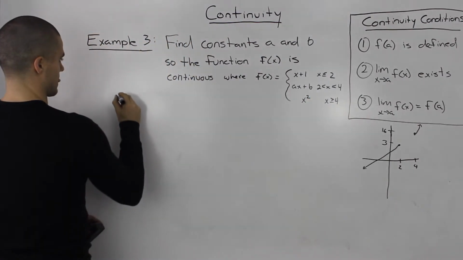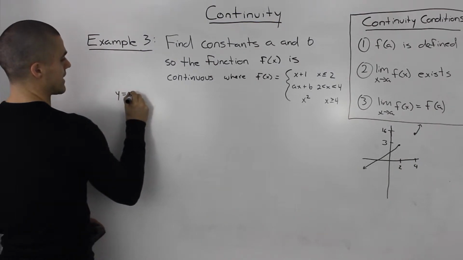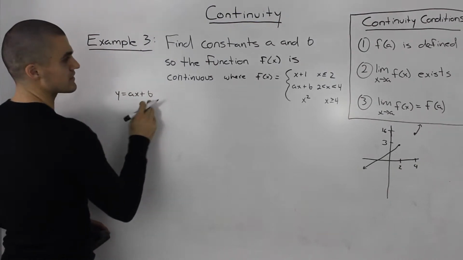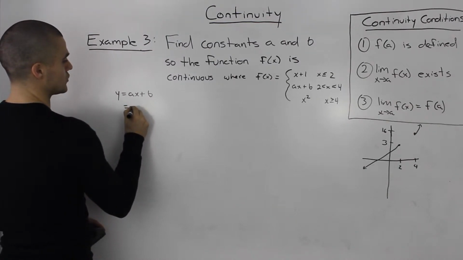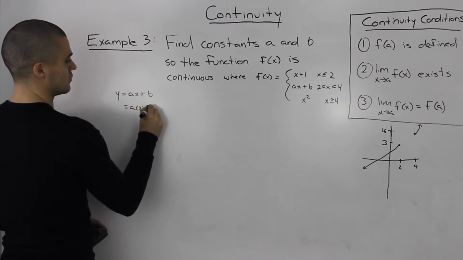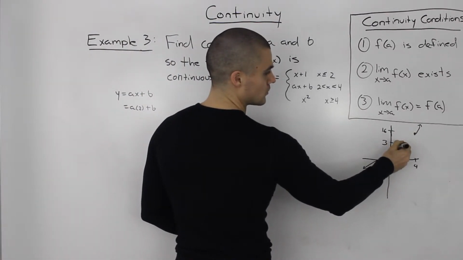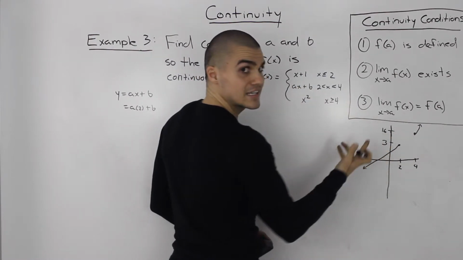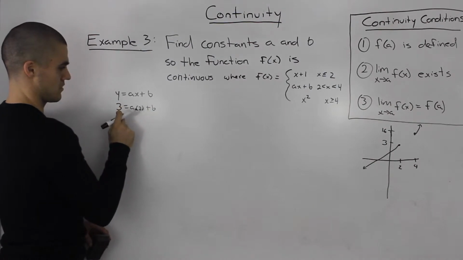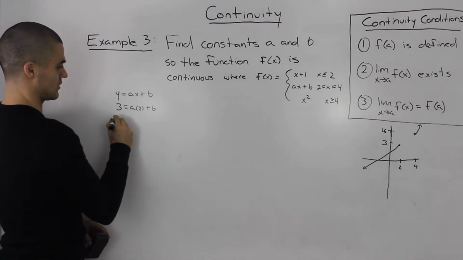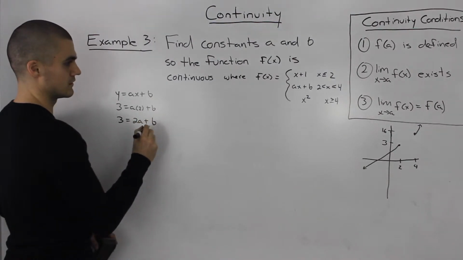So y equals ax plus b, this is the second piece, and at an x value of 2, the y value of this second piece has to equal 3. Does that make sense? So we have an equation here: 3 is equal to 2a plus b.